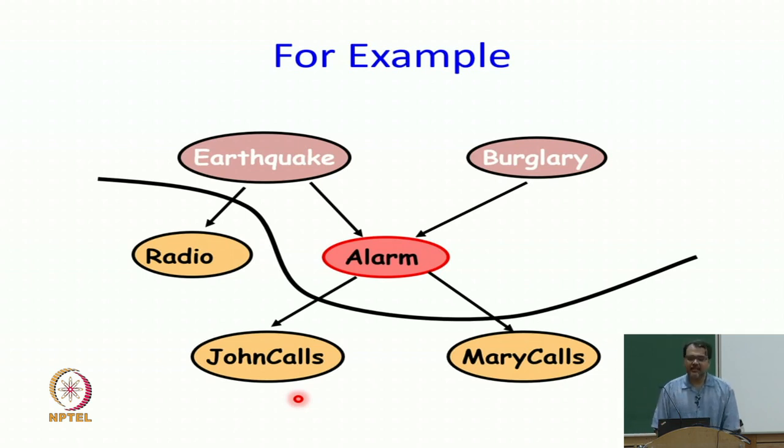We just said that a node is independent of the non-descendants given the parents. Now, are we given the parents? Yes, alarm's parents are earthquake and burglary. Are we asking only about the non-descendants? We are also asking about descendants.